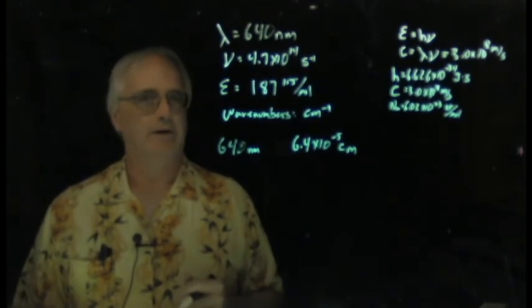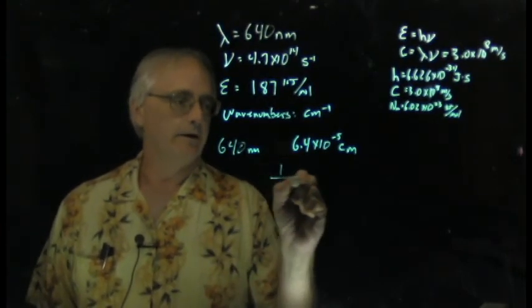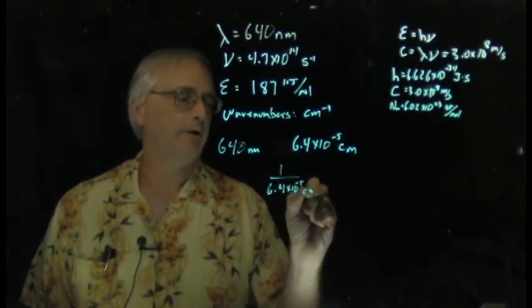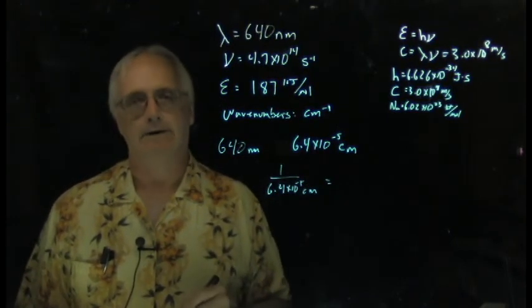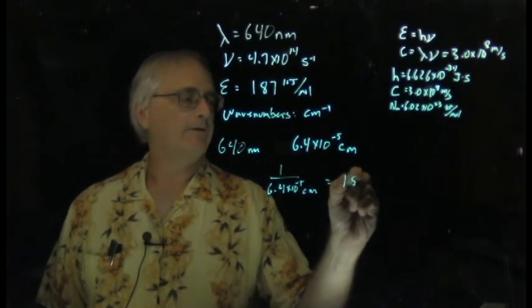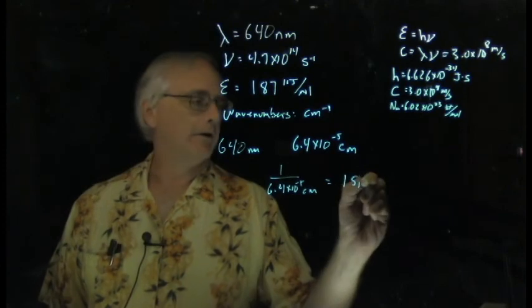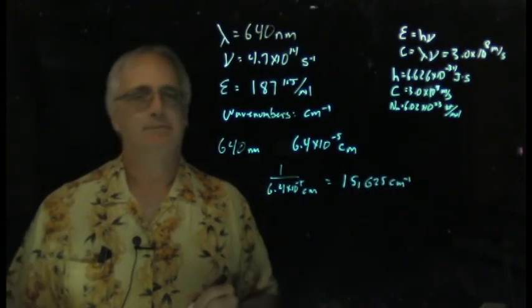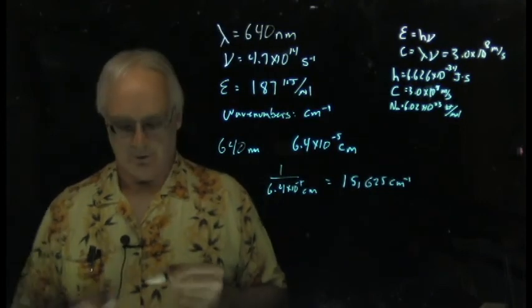And reciprocal centimeters, no surprise there, is the reciprocal of 6.4 times 10 to the negative 5th centimeters. And when you punch that on your calculator, I get 15,625 reciprocal centimeters.